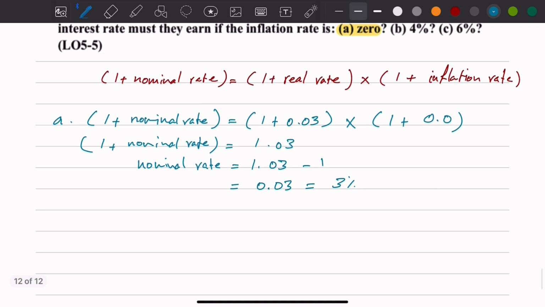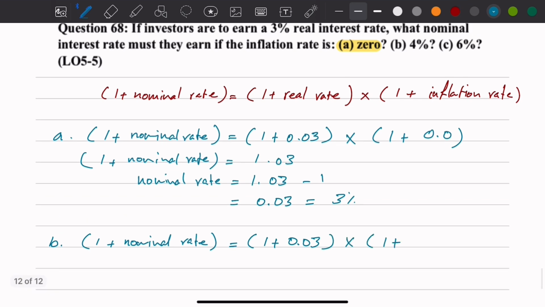Now let's move to the second scenario, B. 1 plus nominal rate is going to equal 1 plus 0.03, which is the real interest rate, multiplied by 1 plus the inflation rate in this scenario, which is 4%, so 0.04.